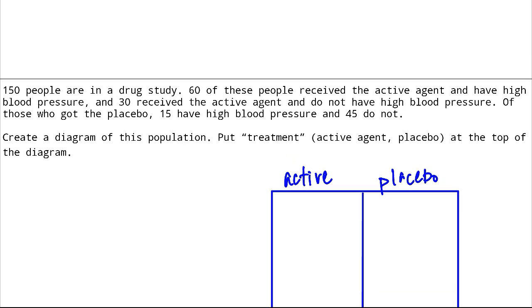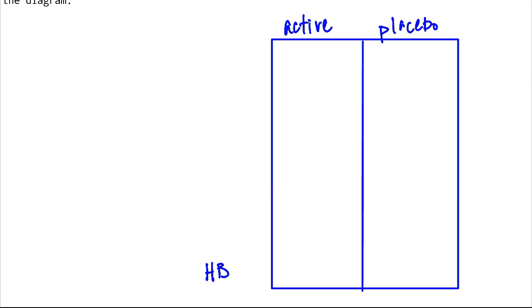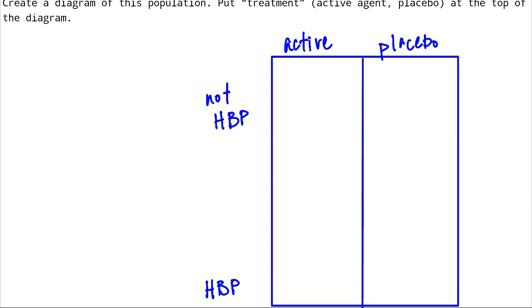Okay, and then we want to have high blood pressure and not high blood pressure on the side. So at the top, active and placebo are the values of the variable treatment, and not high blood pressure and high blood pressure are values for the variable.